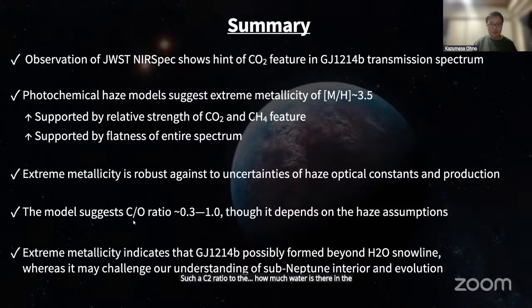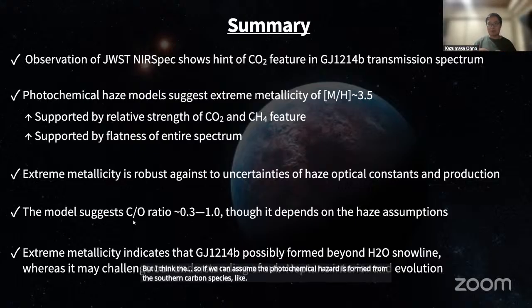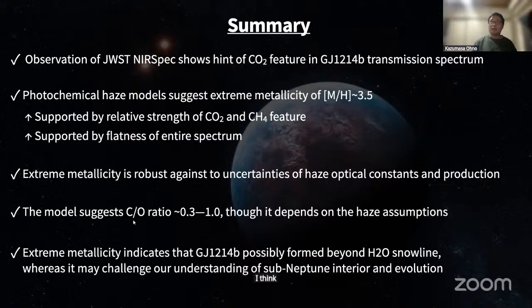We didn't perform such an analysis, but if we can assume the photochemical haze is formed from certain carbon species like methane or CO2 or some sulfur species, especially OCS, I think that in the paper I showed how the photolysis rate of such carbon bearing species depends on C/O ratios, and it basically drops to a very low value at very low values of the C/O ratio.